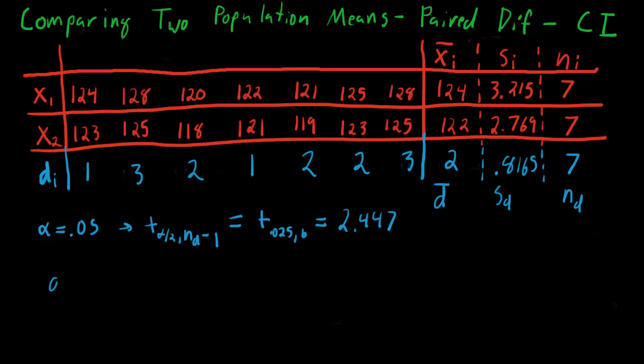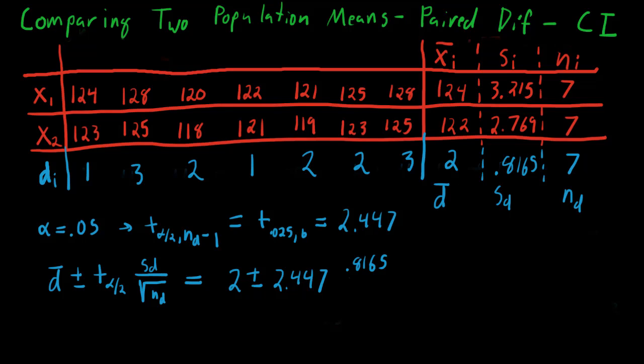Now we're just going to plug all these values into our confidence interval formula. So our formula was d bar plus or minus our t sub alpha over 2 times s sub d over the square root of n sub d. We plug in our values, and this is equal to 2 plus or minus our t value of 2.447 times s sub d, which is 0.8165, over the square root of n, square root of 7.